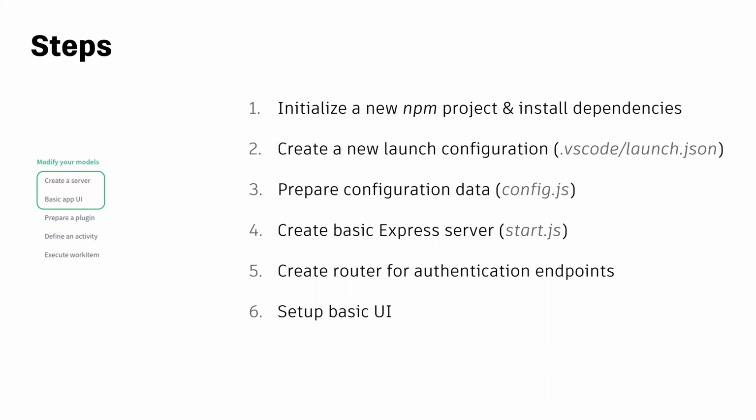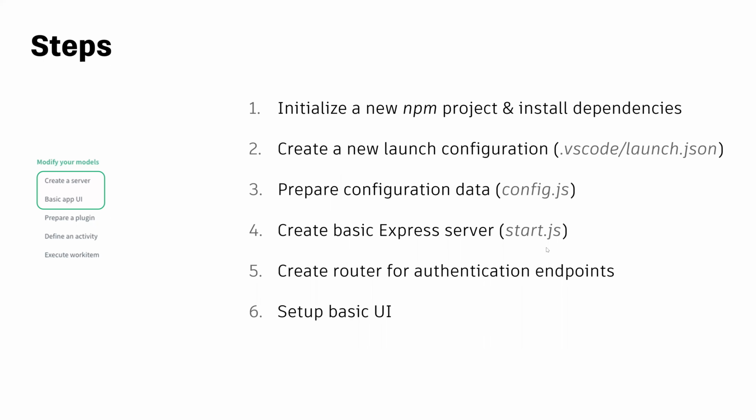We'll be using VS Code, and we'll configure VS Code to help build, debug, and launch the application. And we'll also prepare configuration data to use in our application. This configuration data will have the client credentials that we saved when we created the first and the fourth application.